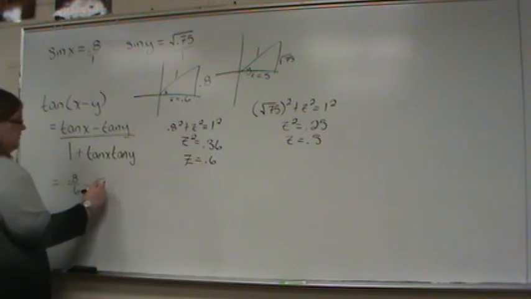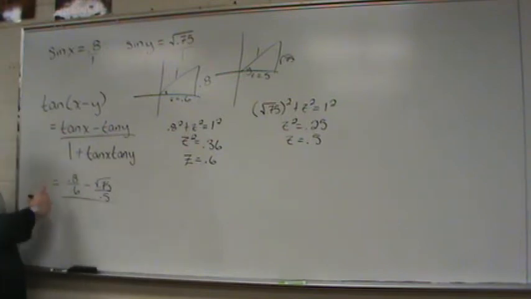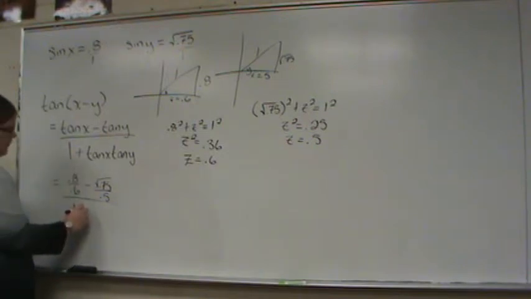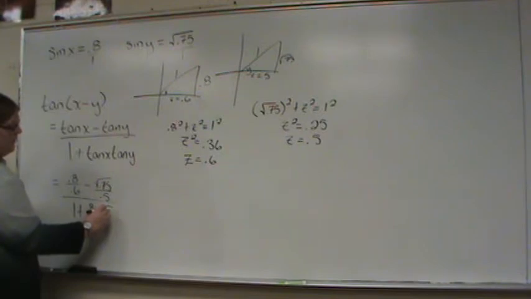And then that's all over 1 plus the tangent of our first angle we found, 0.8 over 0.6, times the tangent of our second angle, root 0.75 over 0.5.